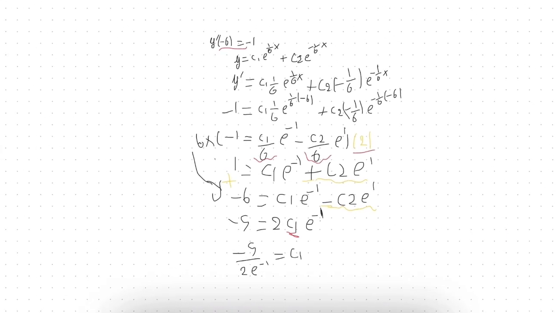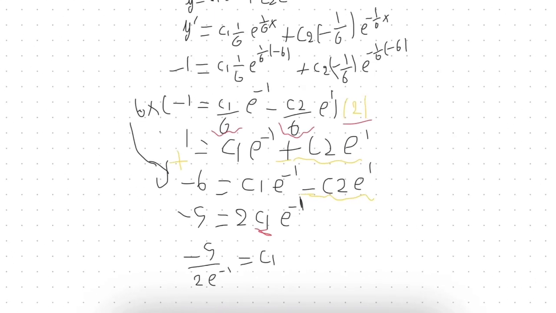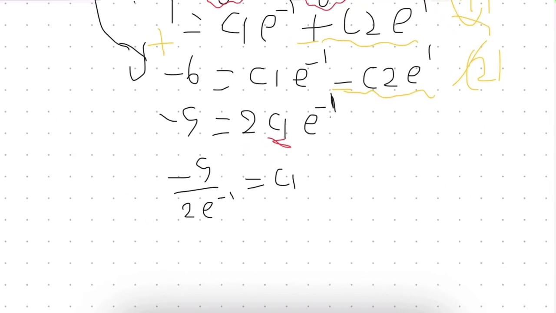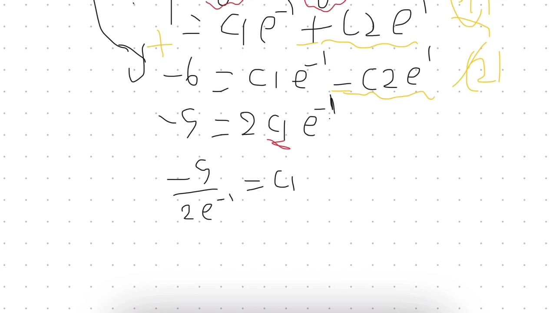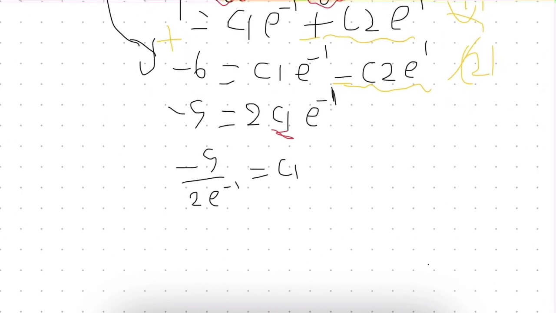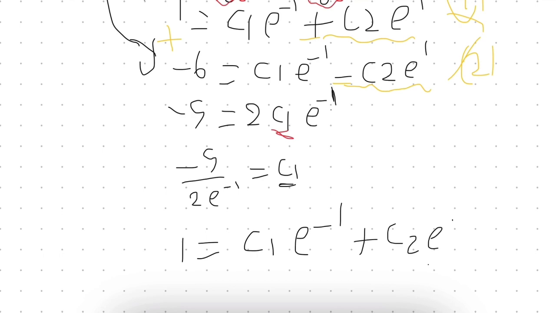And how do we find C2? There are several equations that you can use. We have two equations here. So you can use either the first one or the second one. You pick which one you prefer. I'm going to use the first one to find C2. So now that we have C1, we have our equation here, e minus 1 plus C2e1, right?